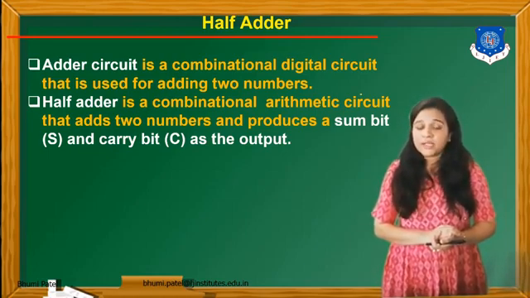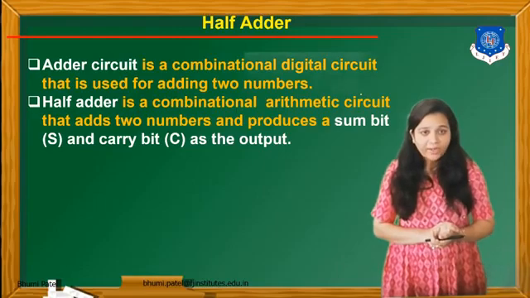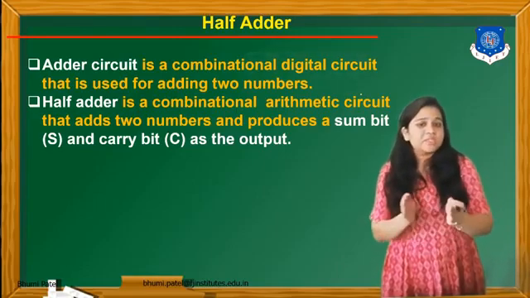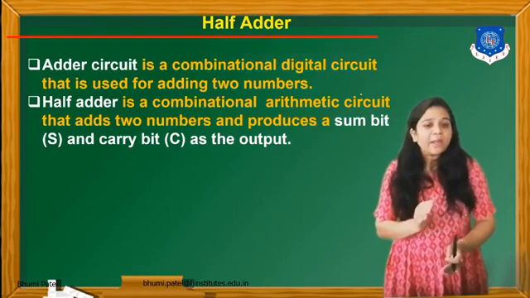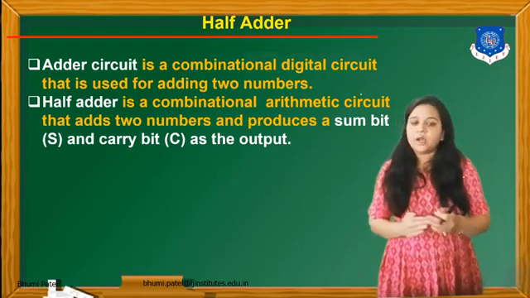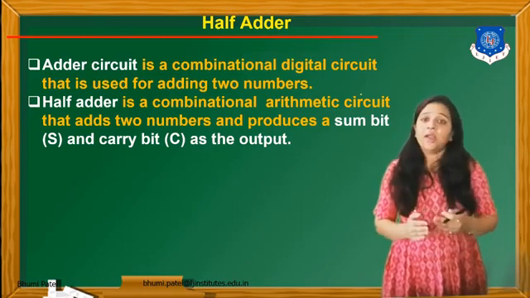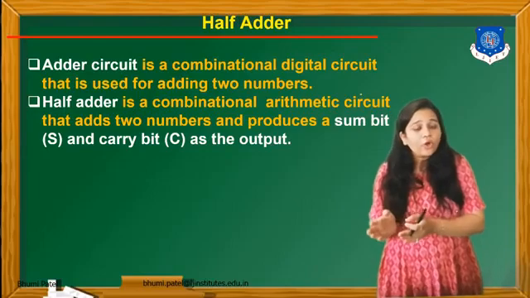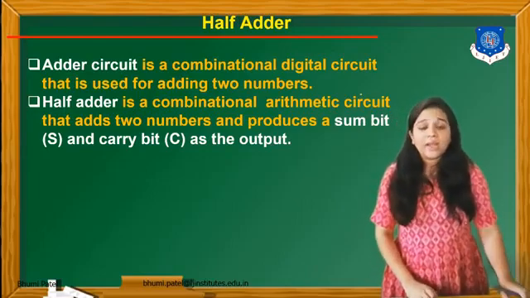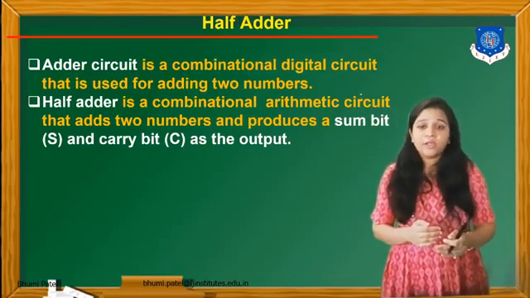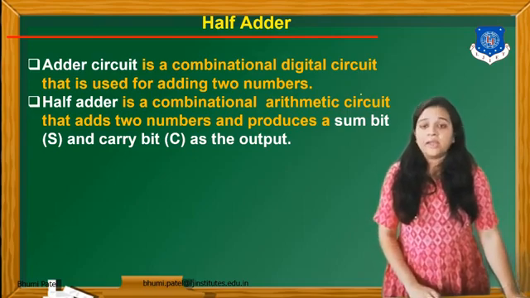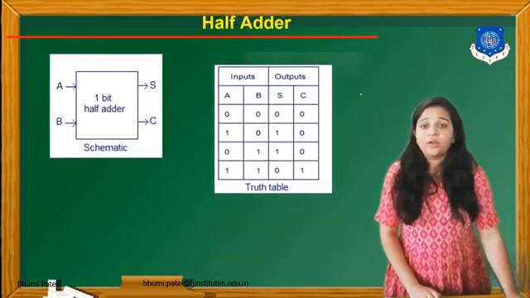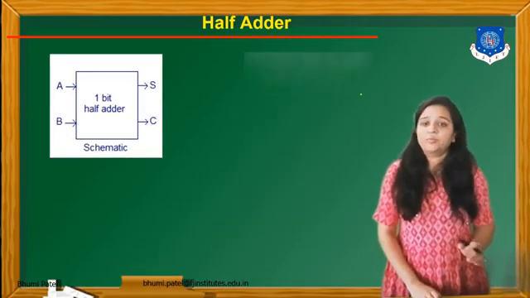So what is the basic logic behind the half adder? A half adder adds two numbers and produces the sum and carry depending upon the inputs applied to it. As you know, we have two choices, that is 0 and 1. So we apply 0 and 1 one by one to the half adder, and then we draw the truth table. First of all, what is the schematic diagram of the half adder?